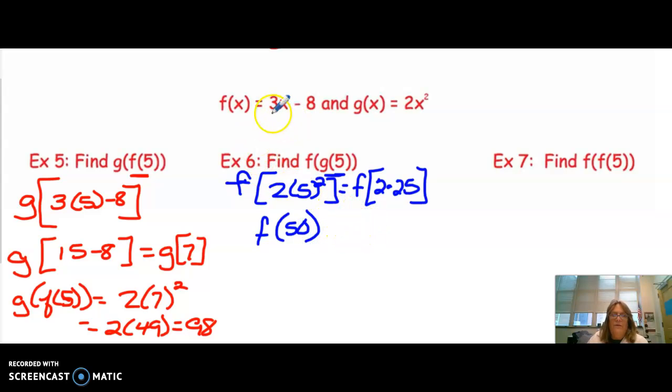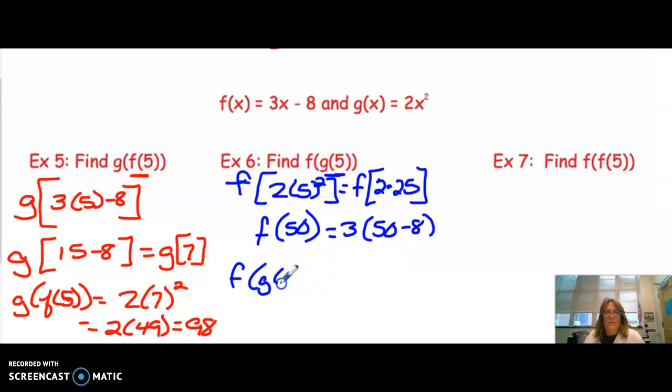Now when I plug 50 into my f equation, I'm going to say 3 times 50 minus 8. So that's going to give me 150 minus 8, or 142. Okay?